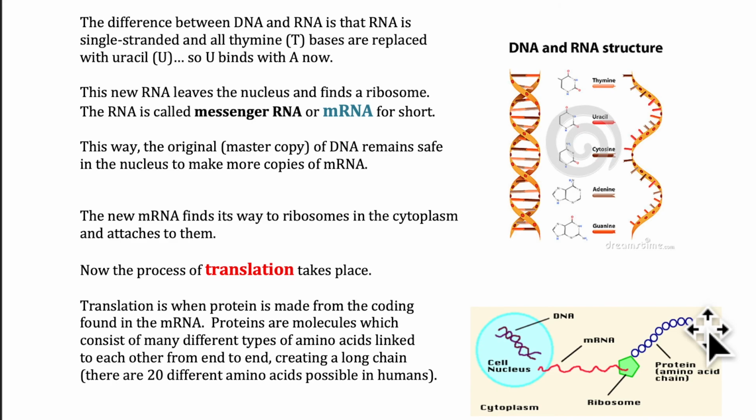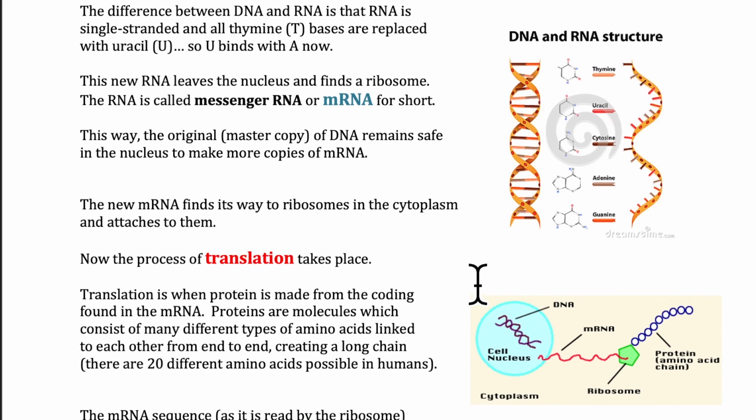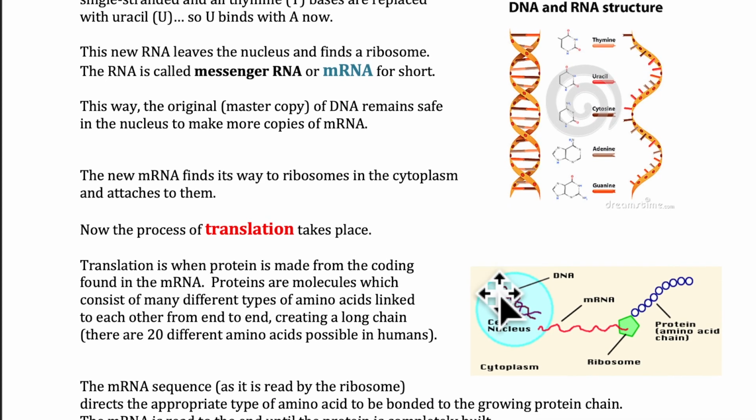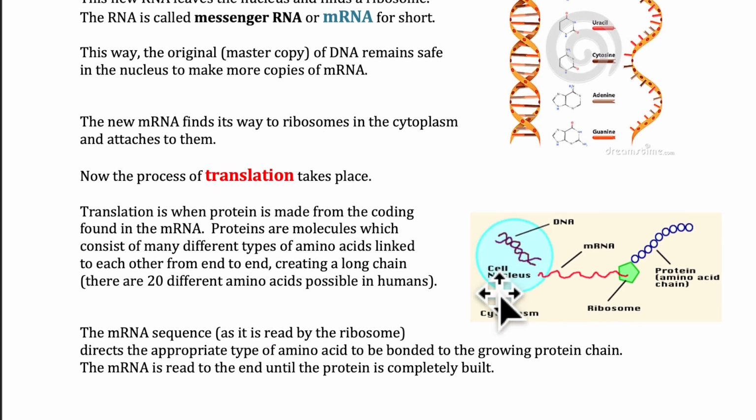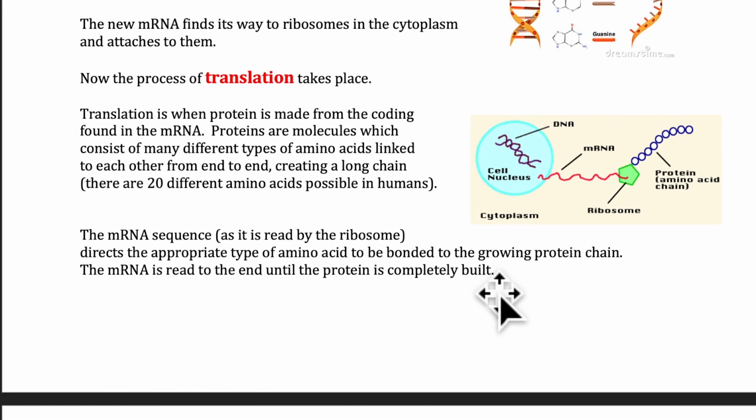So you can see there on that DNA and RNA structure, of course you have half. You have thymine, uracil, cytosine, adenine, guanine, of course there, right? And this way, the original master copy of DNA remains safe in the nucleus to make more copies of mRNA, right? So the new mRNA finds its way to ribosomes in the cytoplasm and attaches to them.